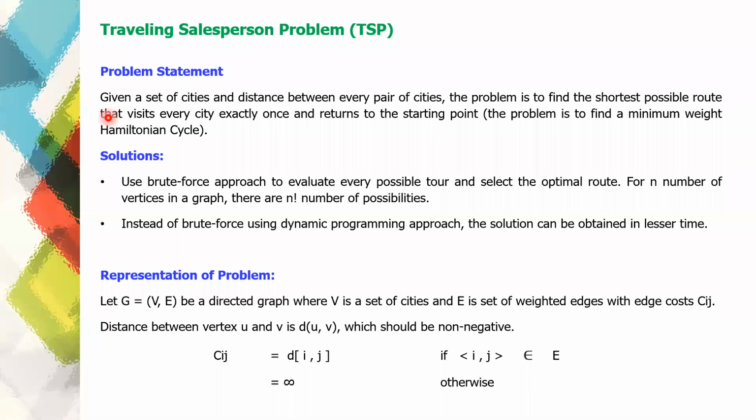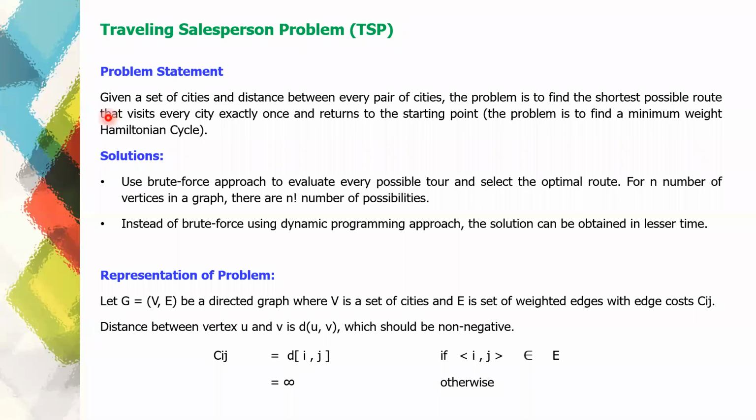Within the problem, a set of cities will be given. Between every pair of cities, the distance will be specified, and given a starting point, a starting city, the problem is to find the shortest possible route to visit every city exactly once and return to the starting point.